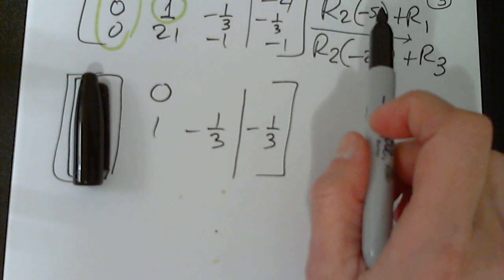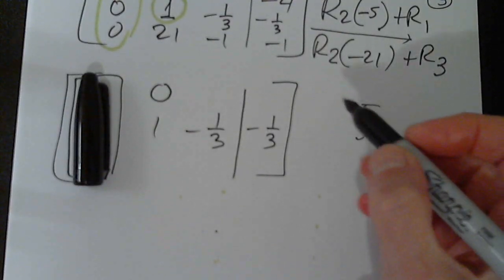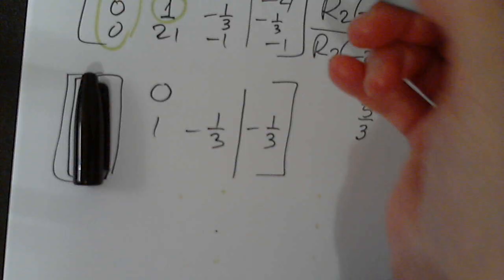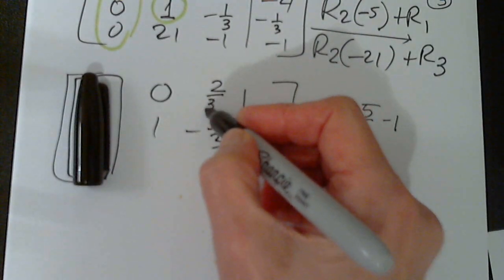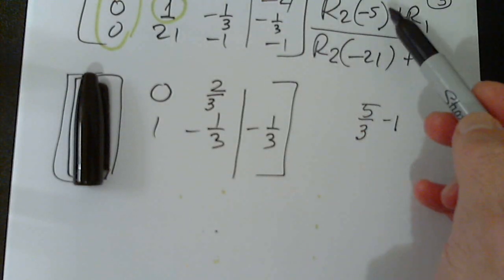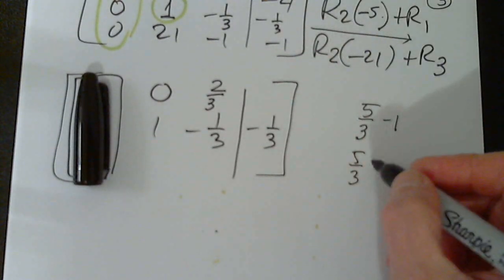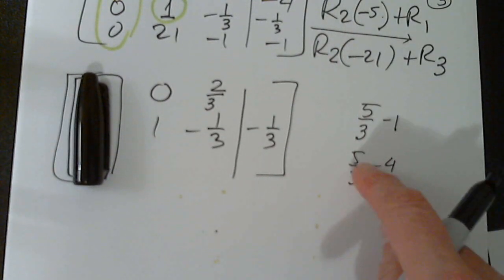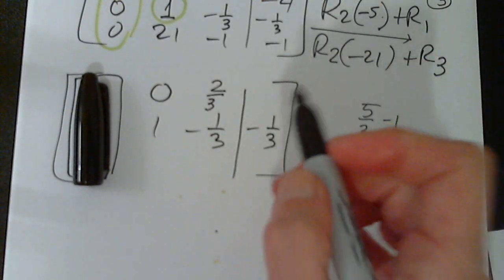-1/3 times -5 is 5/3. 5/3 minus 1 is 2/3. Negative 1/3 times negative 5, again, is 5/3. Minus 4. 5 minus 12, negative 7.